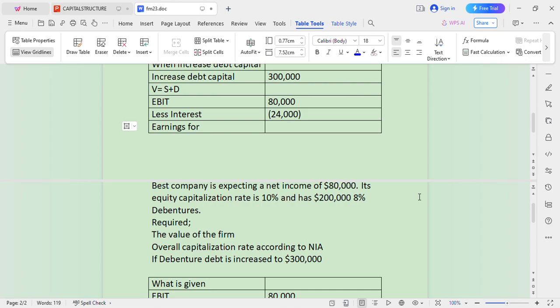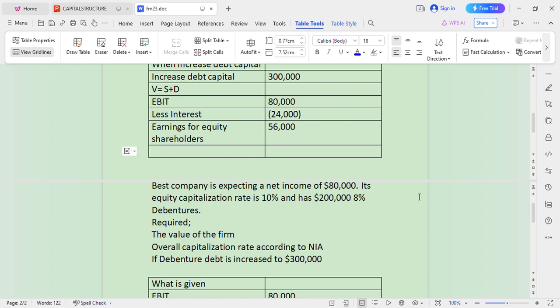Now what you get here is earnings for equity shareholders. So this is what the shareholders will earn: 80,000 minus 24,000, 56,000.